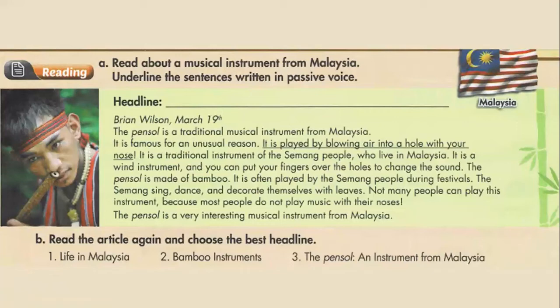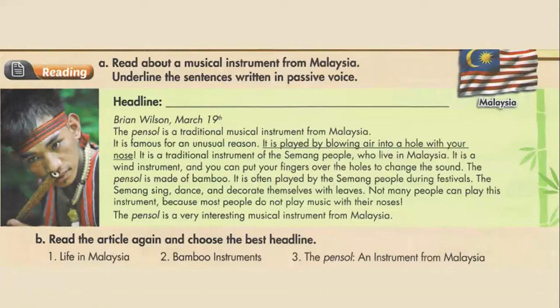If I was writing an article with the headline Life in Malaysia, it's supposed to consist of things like language, food, and the people in Malaysia, right? And we don't have that in the article that we just read. So Life in Malaysia is not the best headline for this article.